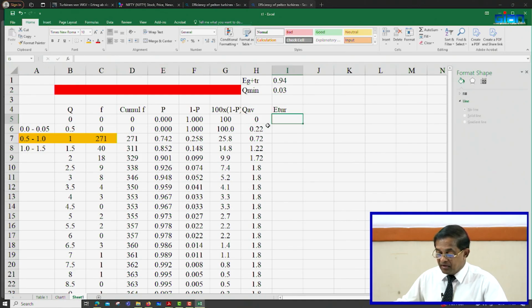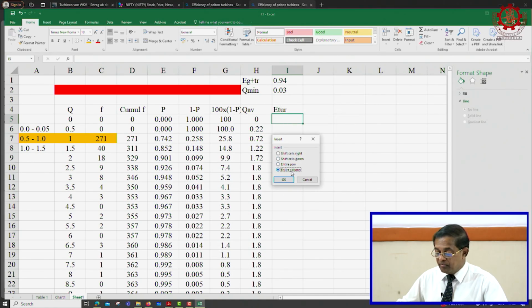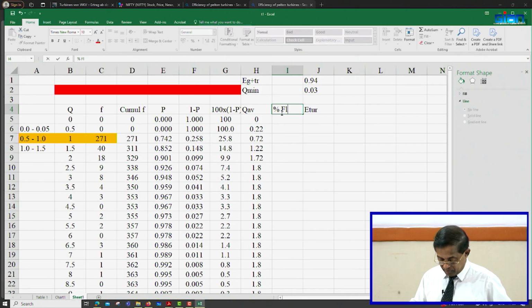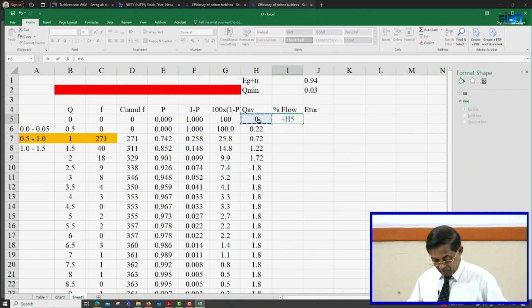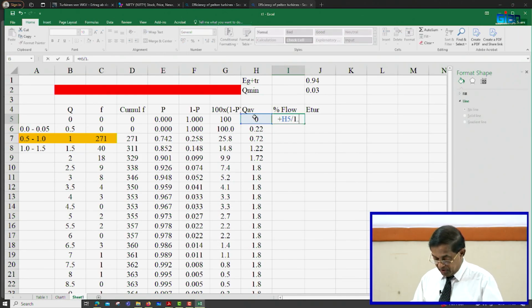So we will insert a column again here, divided by 1.8.